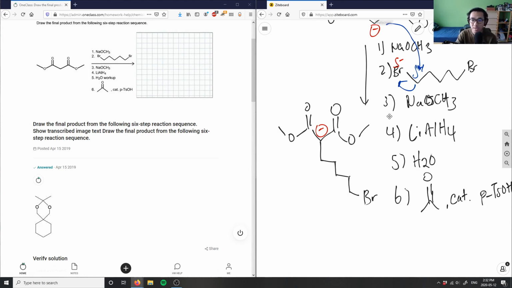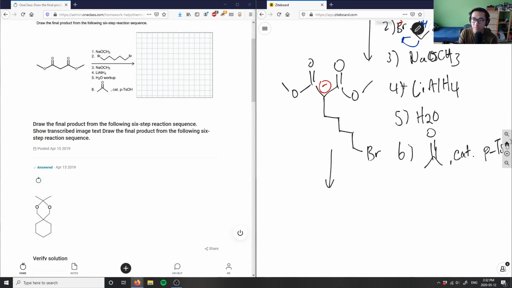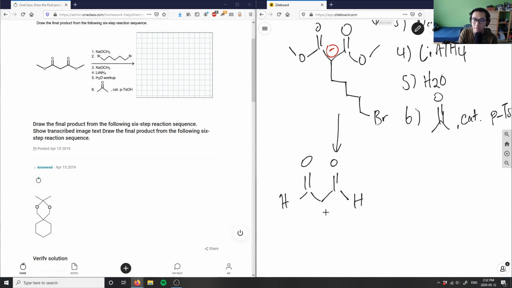So I'm going to get something like this: a double bond O, and this is simply a single bond H now, then double bond O, single bond H, and then I have my alkyl group, 1, 2, 3, 4, 5, and our Br here.